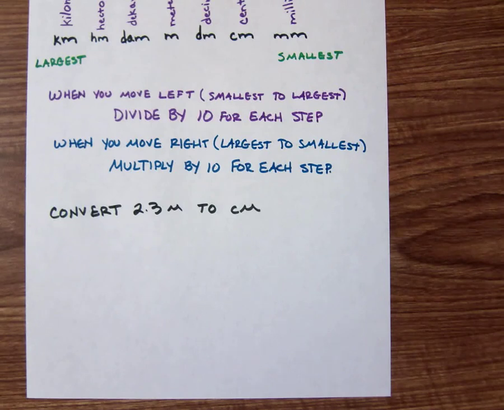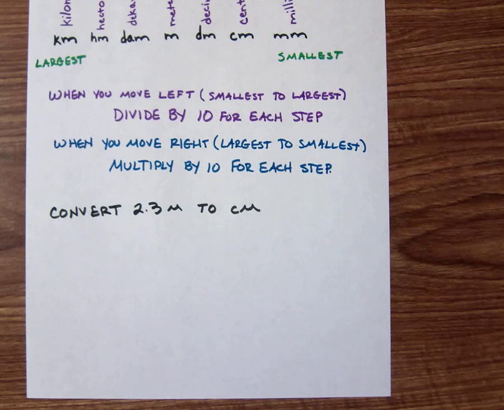It's 10. It's a multiple of 10 every time. So that automatically gives it an advantage over feet, inches, miles, yards, etc. But the other reason it's really great is because multiplying by 10 is easy. What's a really fast way to multiply a number by 10? You just add zeros.